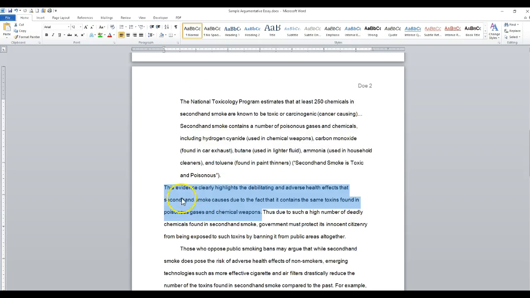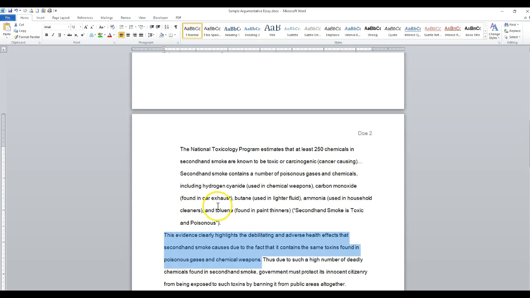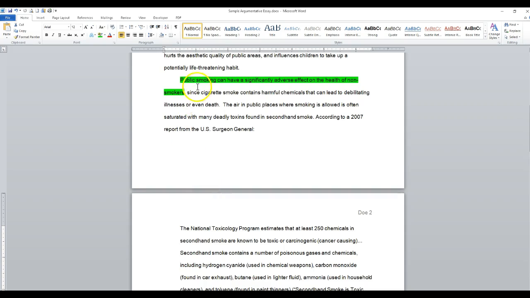So he writes, this evidence clearly highlights the debilitating and adverse health effects that secondhand smoke causes due to the fact that it contains the same toxins found in poisonous gases and chemical weapons. The same thing that is listed here, he is using to prove how this relates to this.